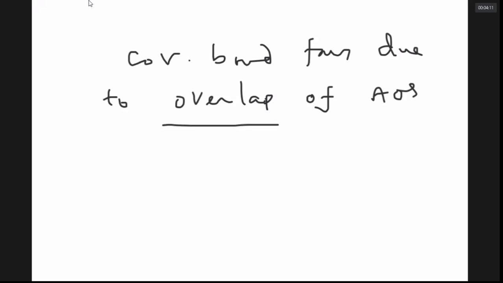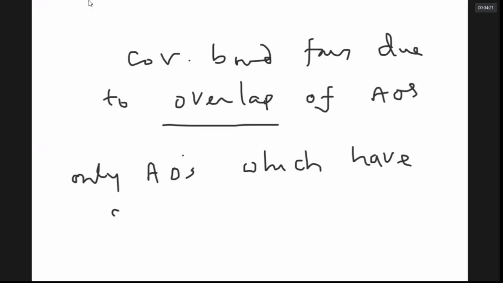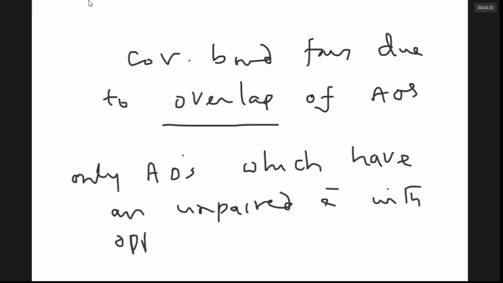Which atomic orbitals overlap? Only AOs which have an unpaired electron with opposite spin can overlap.